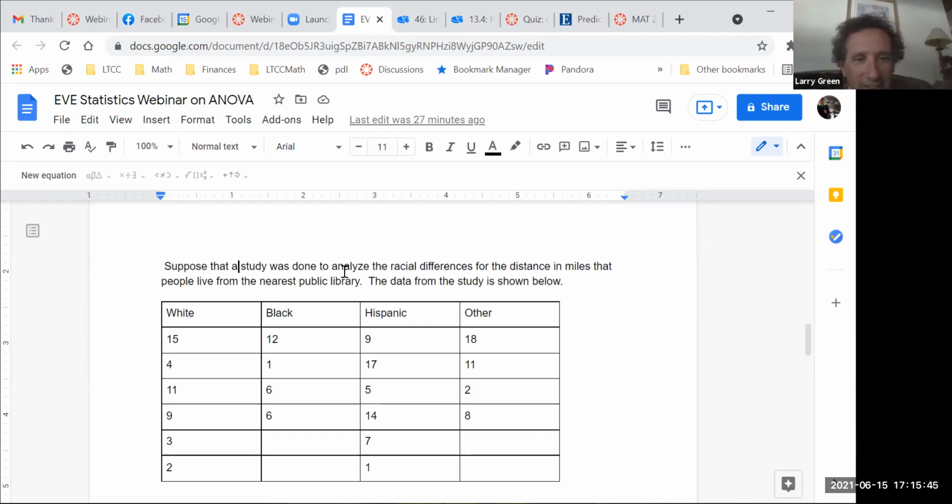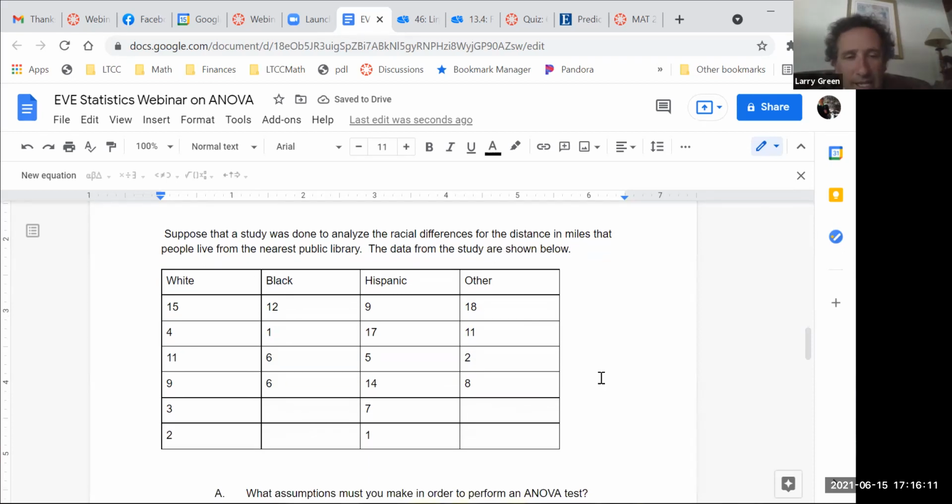Suppose that a study was done to analyze the racial differences for the distance in miles that people live from the nearest public library. Doesn't matter what race you are, is race a factor in how far you live from the nearest public library? The data from the study are shown below.